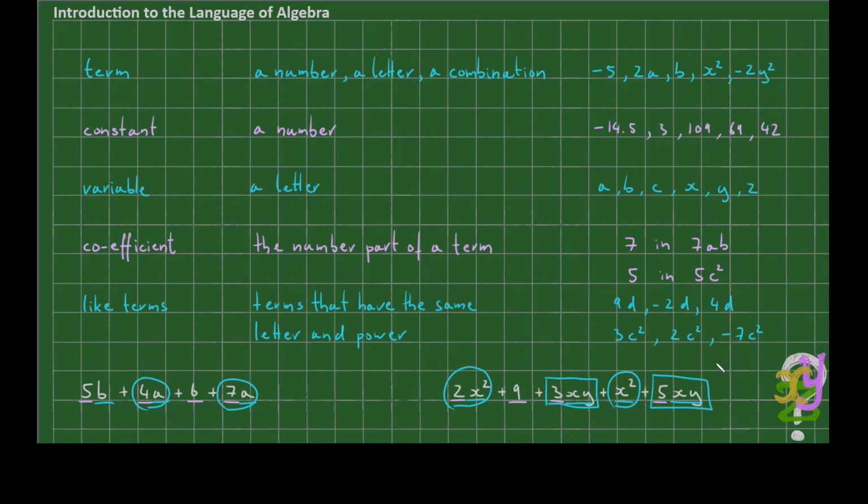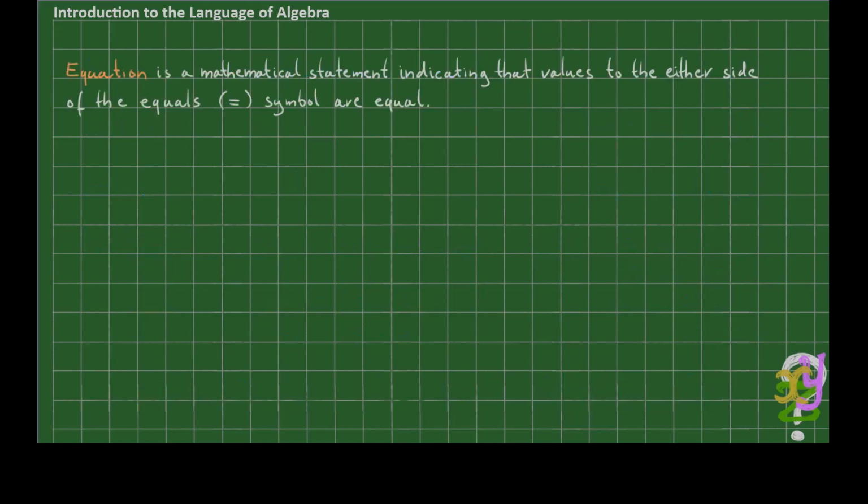While we are talking about the language of algebra, there is one more thing that I would like to cover. The difference between an equation and a formula. Often, we use these two terms interchangeably, but they are not exactly the same. An equation is a mathematical statement indicating that the values to either side of the equal symbol are, well, equal.